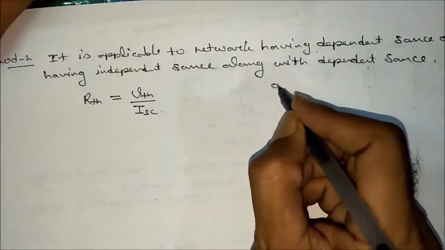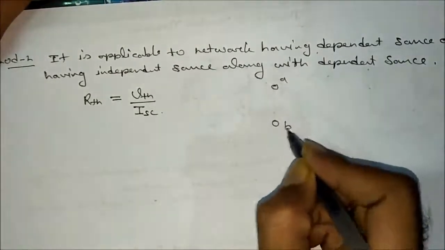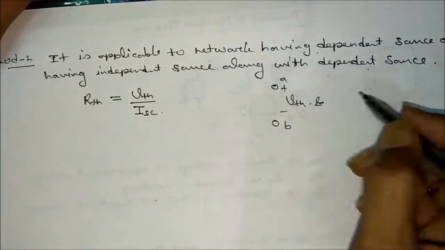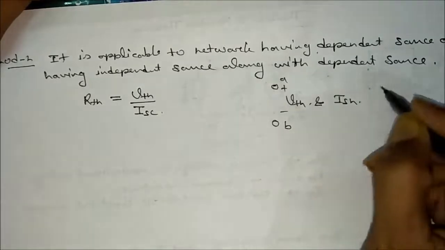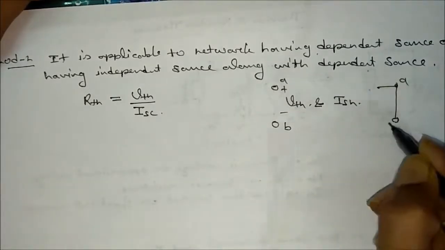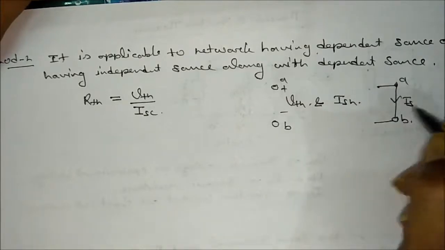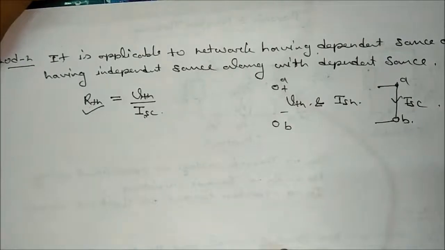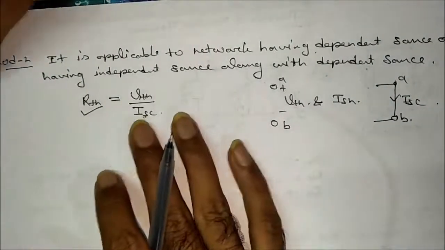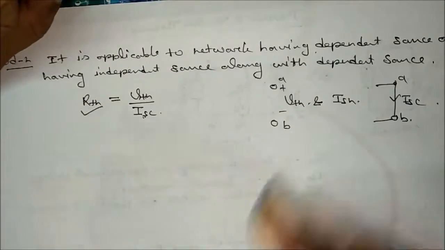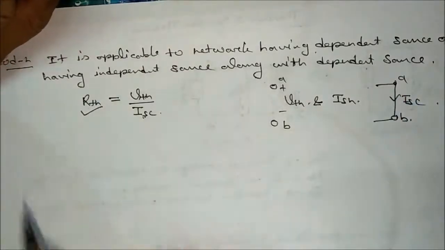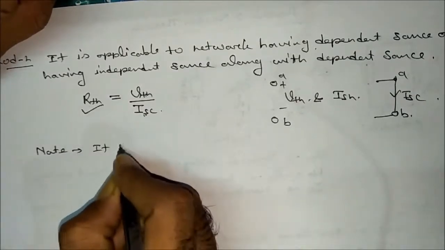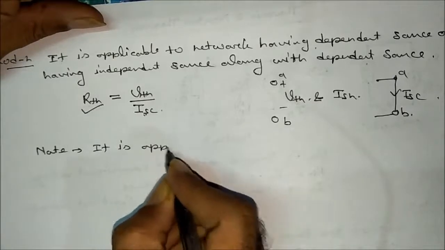Let us assume this is the terminal AB. First find this Vth and the short circuit current by making it short, and take the ratio of these two, and you will get Rth. This is applicable to any type of network.